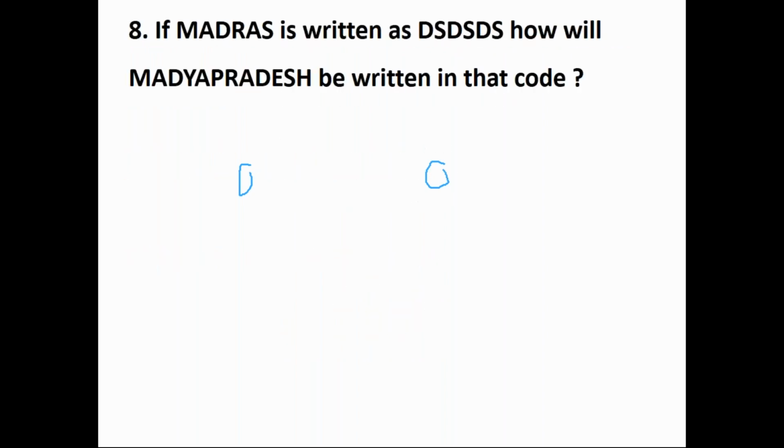Madras is written as DS. How would Madhya Pradesh be written in that code?